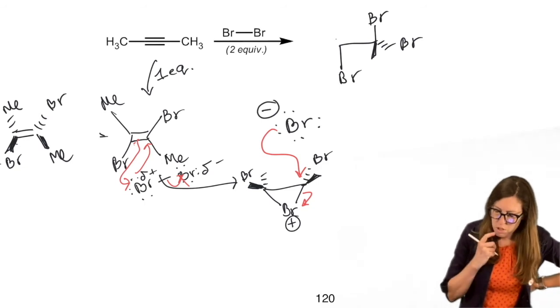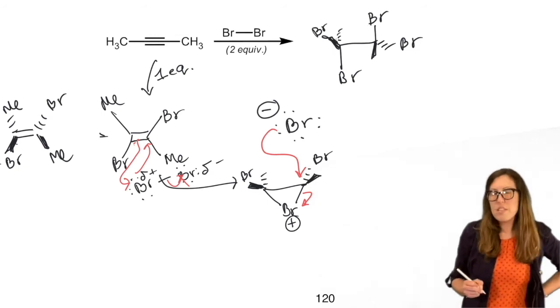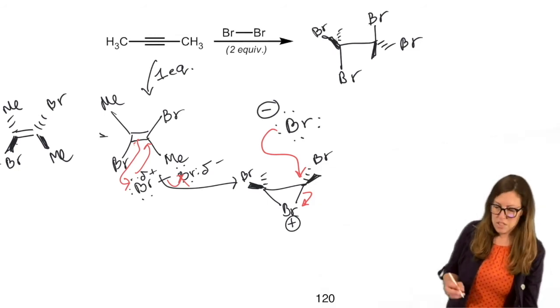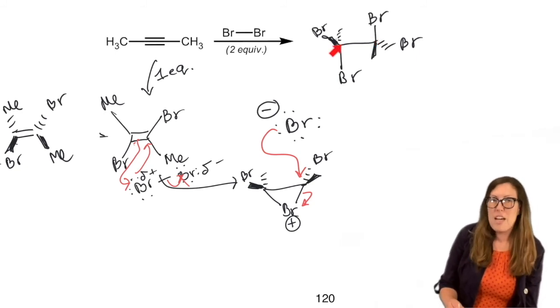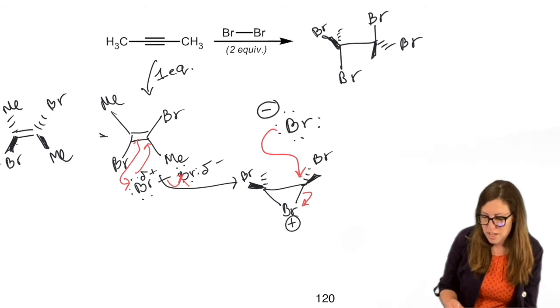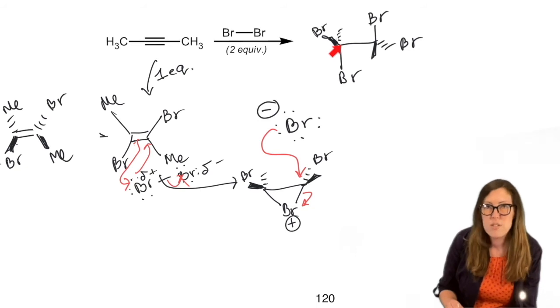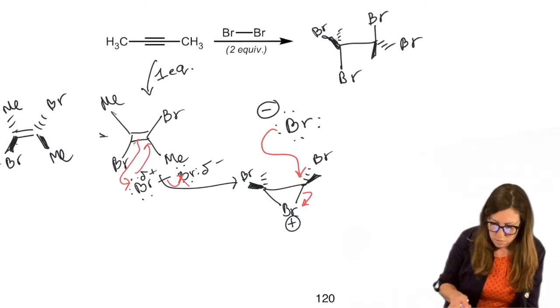So those planar bromines are the newest ones added, and the out-of-plane ones are the ones resulting from the previous step. But notice that I don't have a stereocenter because there's no chance of getting one. I have destroyed that by adding 2 of the same group to each carbon. So I will not have a stereocenter here when I start with an alkyne. Therefore, in some ways, this is actually easier.